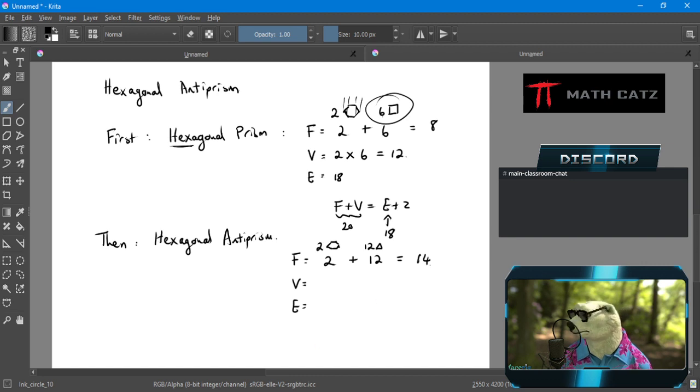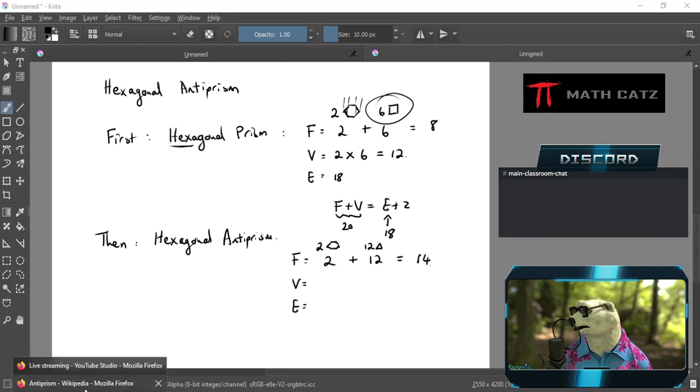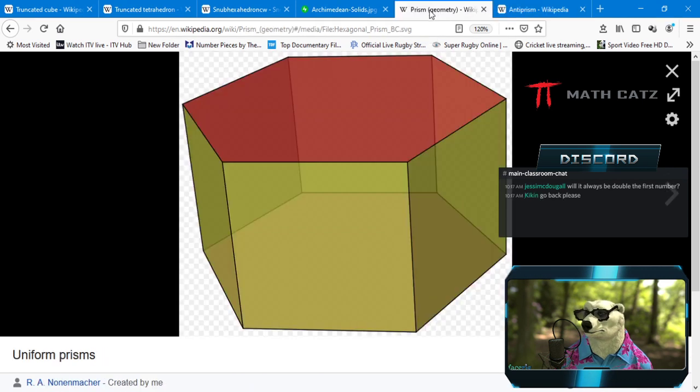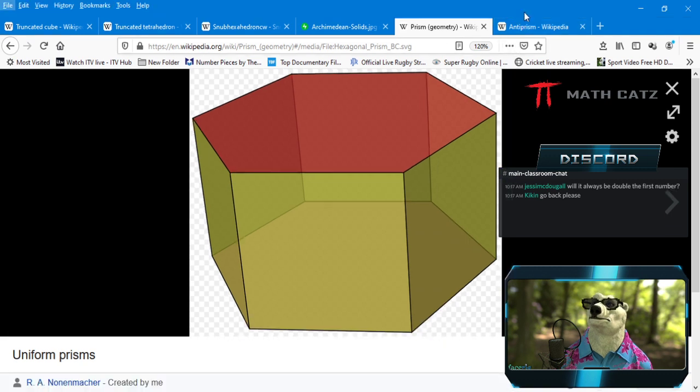And if we want to imagine it, it's over here. 14 faces. But counting the faces, I can easily miss one. So I'd rather understand how the prism changes to make this shape. And the only thing that changes in terms of the faces is each original square here splits into 2 triangles when I do this top twisting.